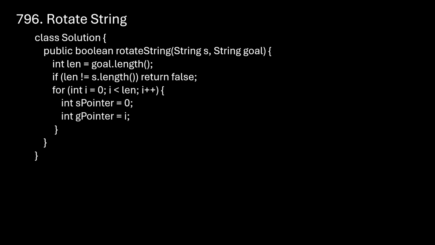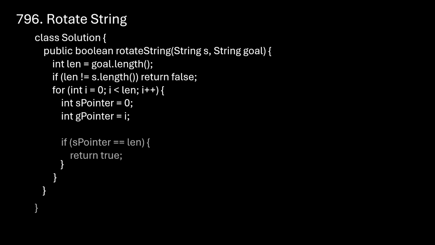So let's begin with making a for loop. For this solution, we're going to use an S pointer and a G pointer. The G pointer is going to be initialized at i so that we don't lose track of the current iteration as we're looping through the length of the goal.